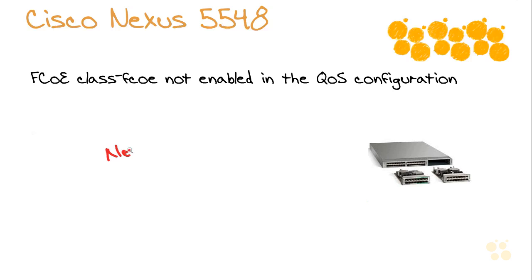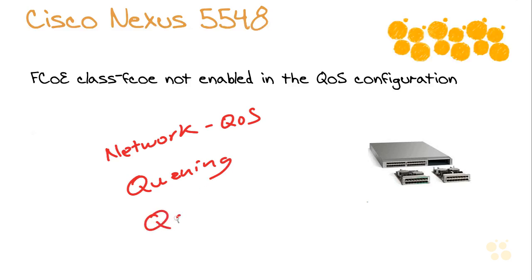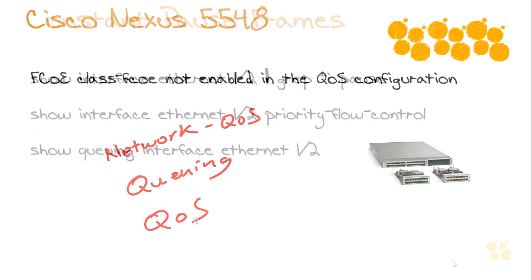That's network-QoS. That's the queuing policy. And finally, the QoS policy. So let's make sure that class-FCOE is indeed enabled in each of those three policy types. We can use the show run in order to verify this.